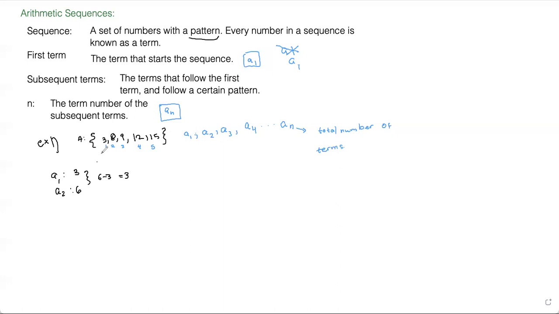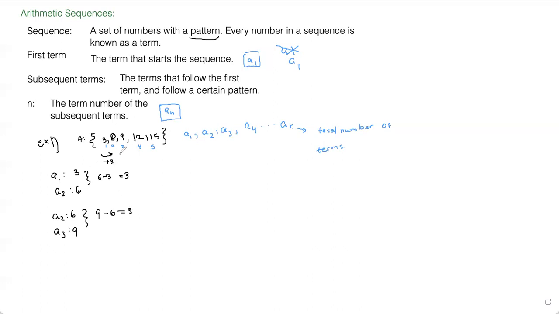So we know that to get from 3 to 6, we need to add 3. Now let's look at how to get from a_2, which is 6, to a_3, which is 9. The difference is 9 minus 6, which is equal to 3.